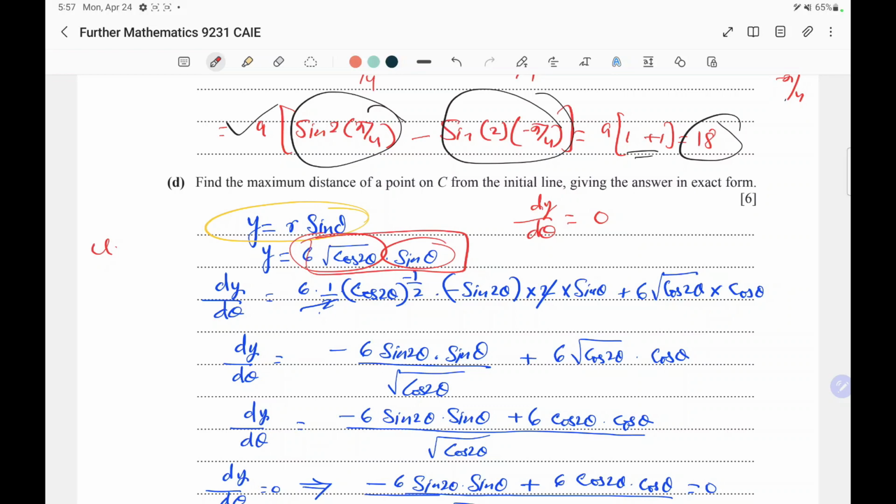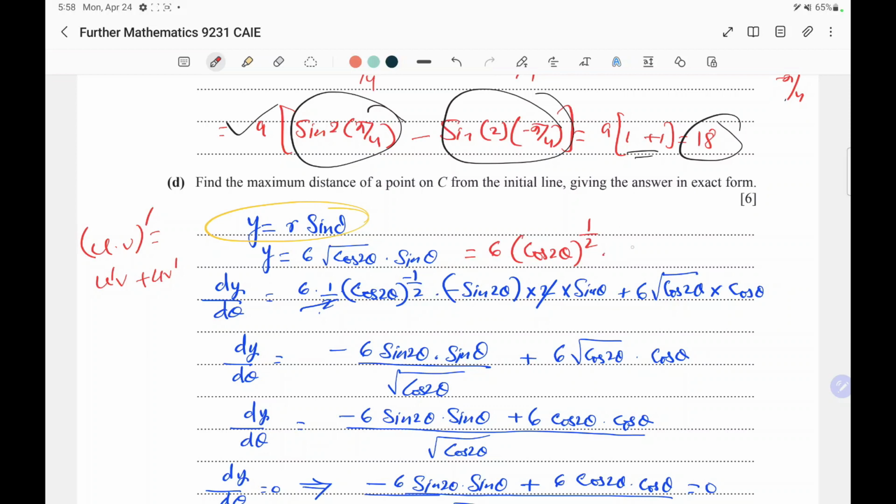The product rule says u v dash plus u dash v. So 6 times cos 2 theta to the power half times sine theta.